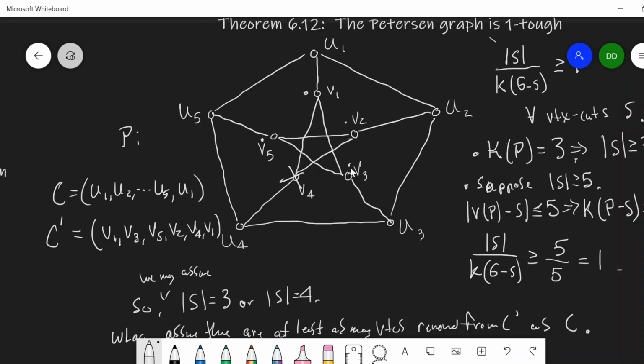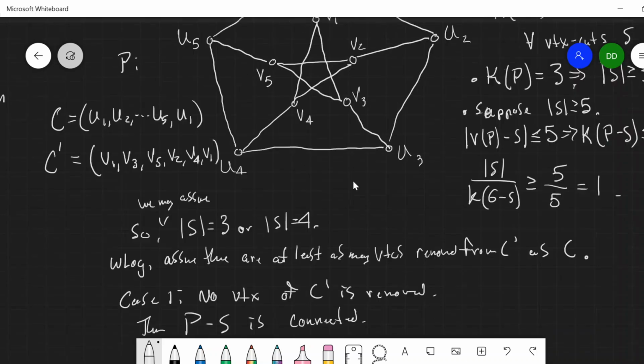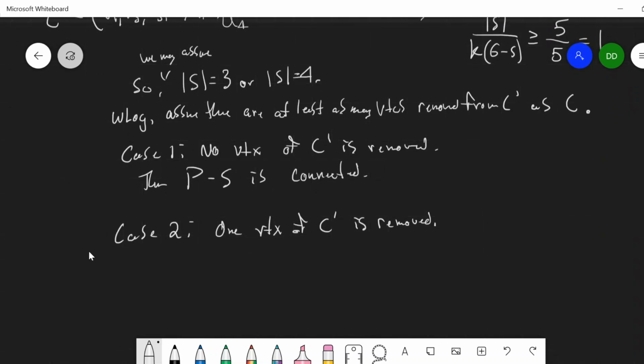So that means there's at least one component with at least 5 vertices in it, if I remove just one vertex from the inner 5 cycle. Then there is some component of P minus S with at least 5 vertices.